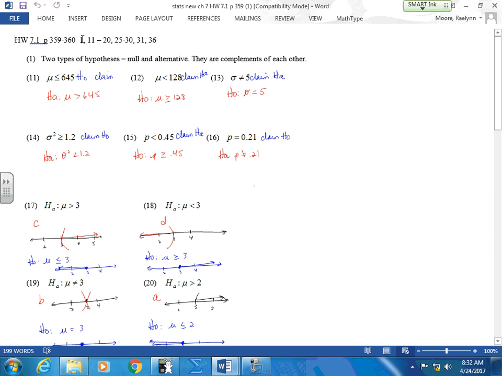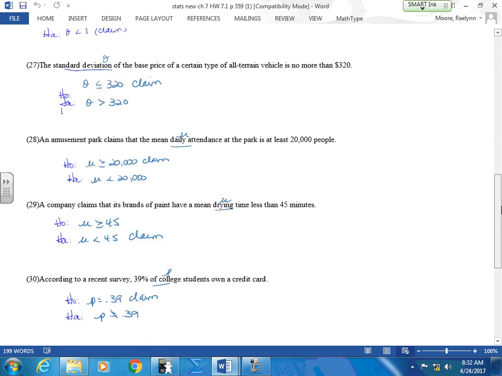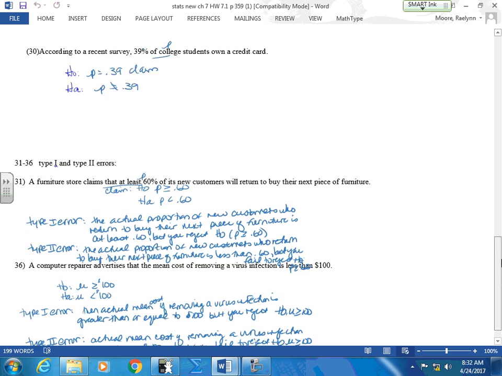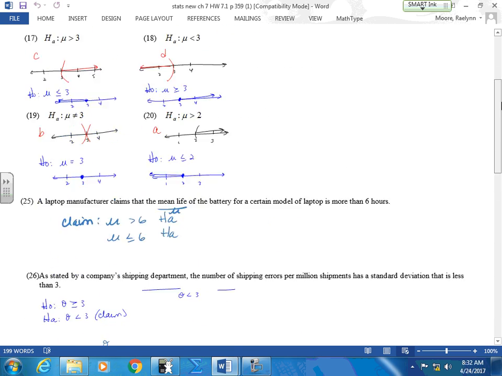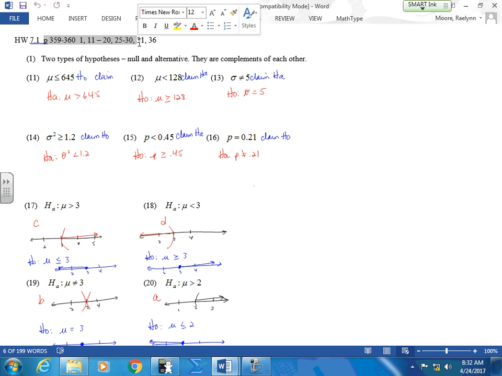I want you to do these problems up here. Hang on, I'll make sure it's right. I don't want you to do 31 through 36. I just want you to do pages 359 to 360: 11 through 20, and 25 through 30. Don't write down the answers.